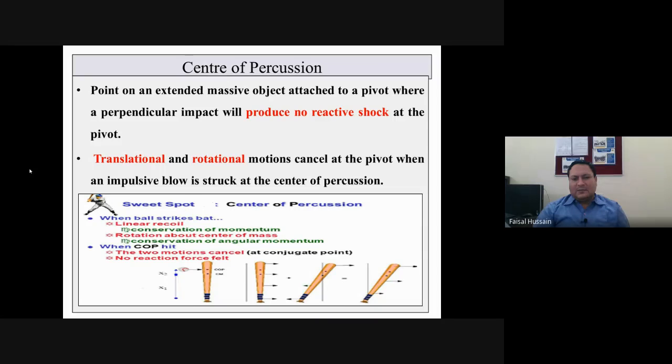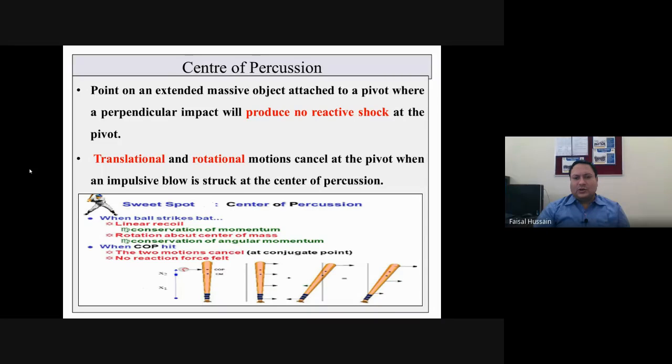Let us take the example of baseball or bat. Here you can find the basic concept is that the center of percussion is a spot which is below the CG of the system, and in that spot the rotary and translatory motions cancel, and because of this cancellation an impulsive magnitude of blow is developed, and that point is the center of percussion.